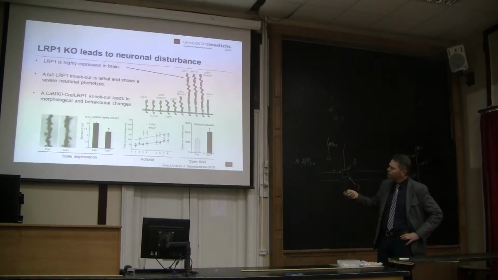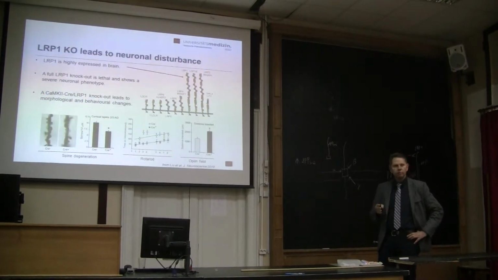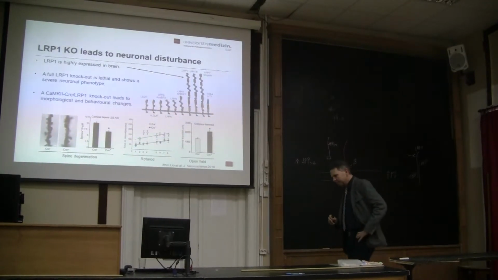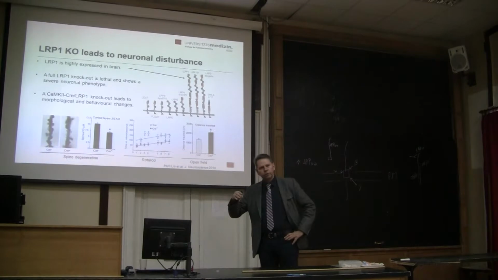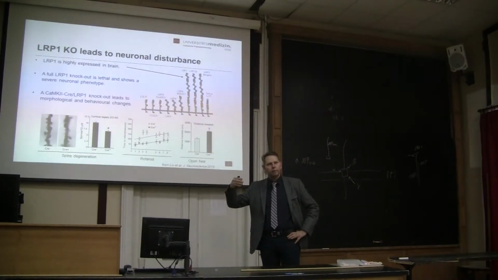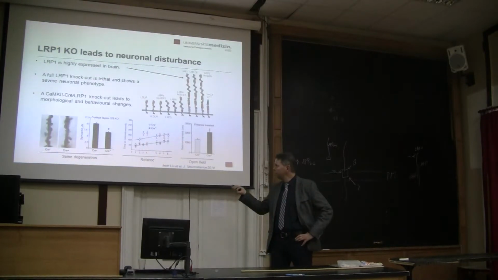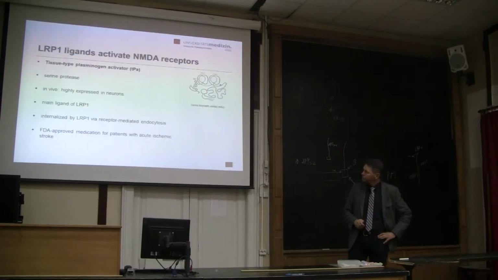And they have a behavioral phenotype. They show a phenotype on the rotarod or in open field testing. So these mice are, in general, a little bit down. The promoter is turned on only after the mice are born and later on in life, but still we see this behavioral phenotype in these animals.